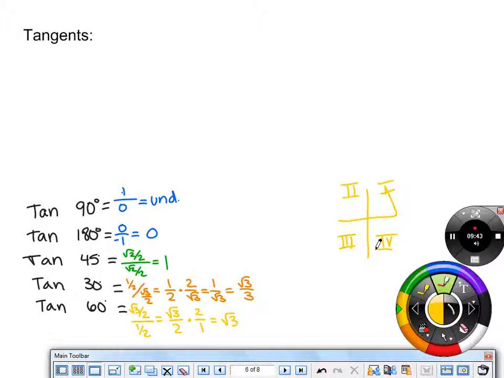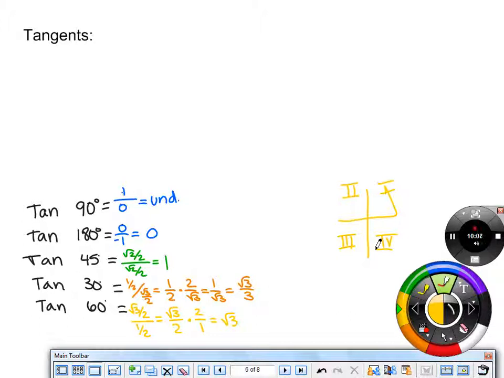All right, so anything with 45s is going to turn out to be 1. I kind of have that one memorized because it's easy. All right, 30s and 60s. I'll be perfectly honest with you, I know that these two numbers come up, but I always forget which one is which. But I immediately know when I think about this setup.